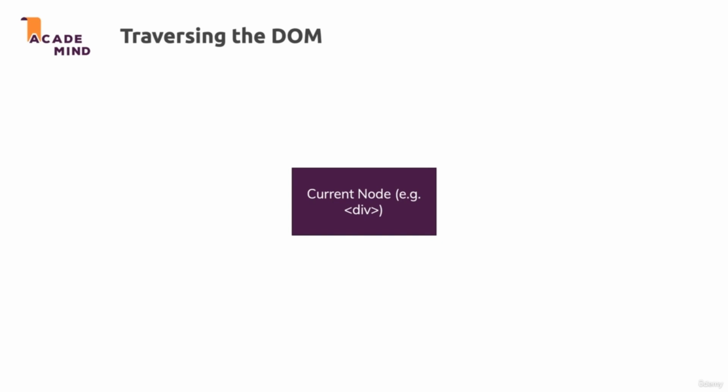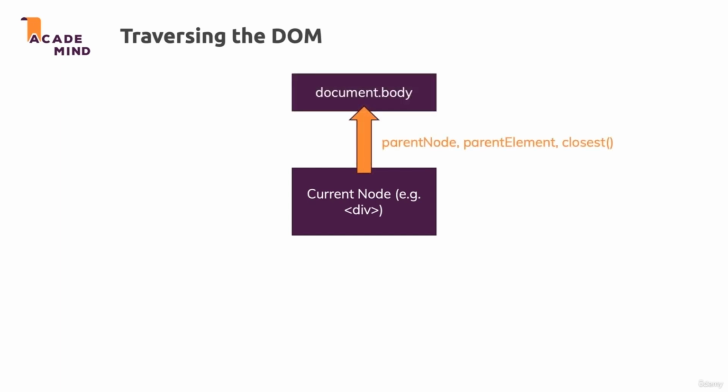And there you get a couple of directions into which you can go. You can always go up, so find a parent element or node with parent node or parent element, so with these specific properties which every DOM object will have, so every element object which you can select, no matter if it's a div or a paragraph or whatever, it will have this parent node and parent element property.